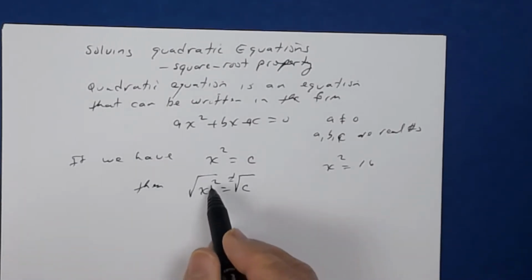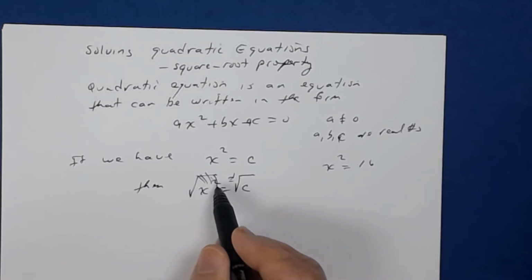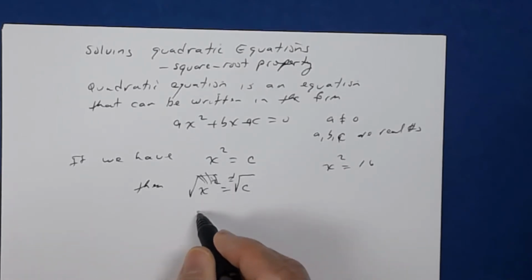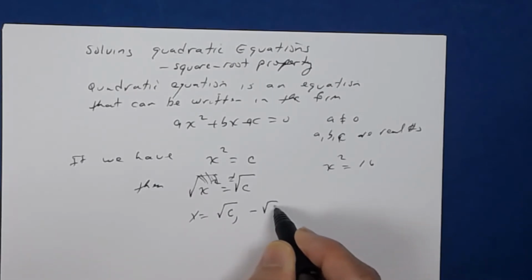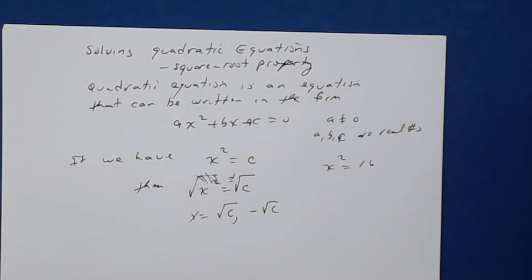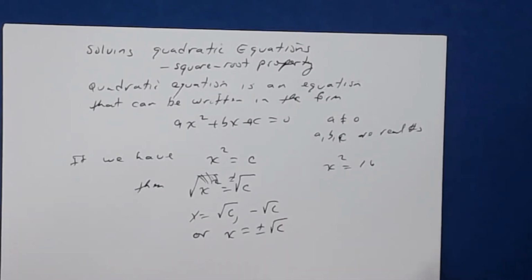The square root and the square undo each other, and so you get x equals a positive square root of c and a negative square root of c. We could also write it as x equals plus or minus the square root of c.